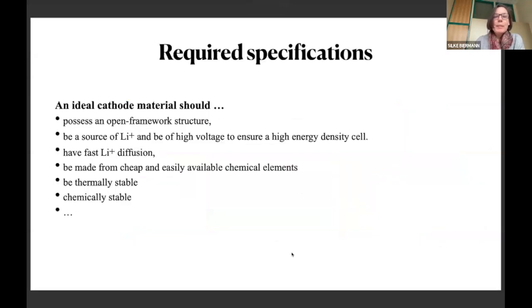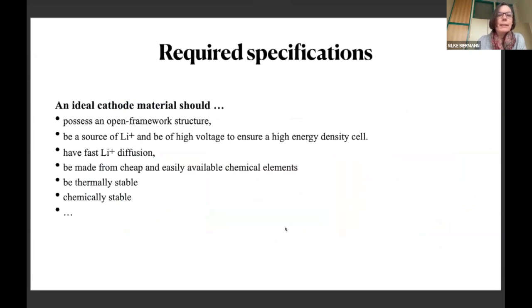Okay, required specifications, and this is really only a very, very partial list of what battery experts tell you. The required specifications of an ideal cathode material should be that it should possess an open framework structure, be of course a source of lithium ions, as much as possible.